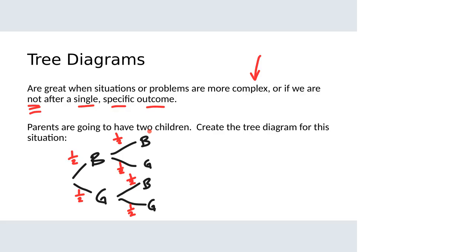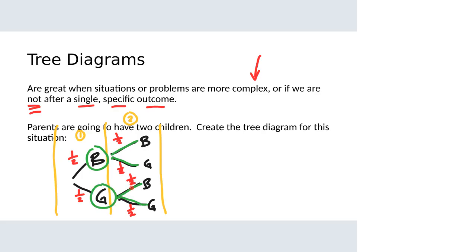You see those 3 different things. The first child is over here in this column right here. That's child number 1. And then this second column here, that's all just child number 2. Because what's going on in this one is this only happens if the first child is a boy. This only happens if the first child is a girl.